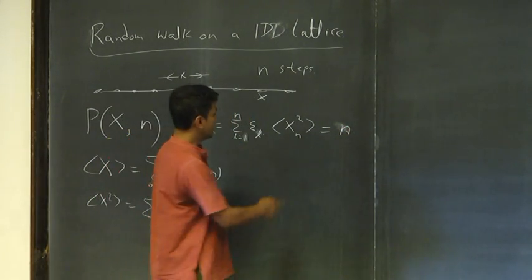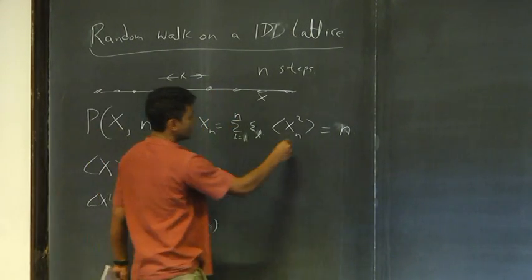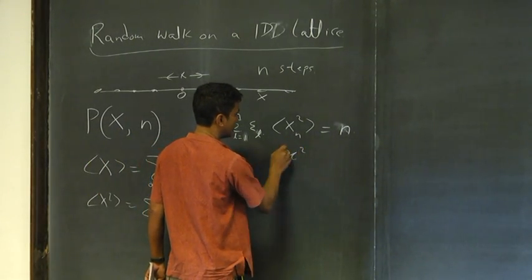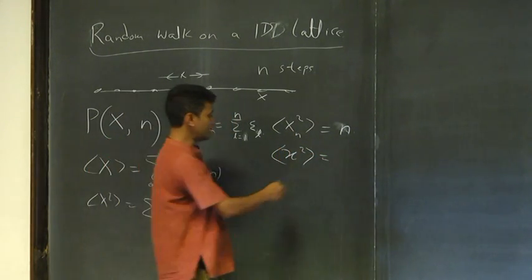And then we can imagine that there is some lattice size a, so x square is just n a square clearly.